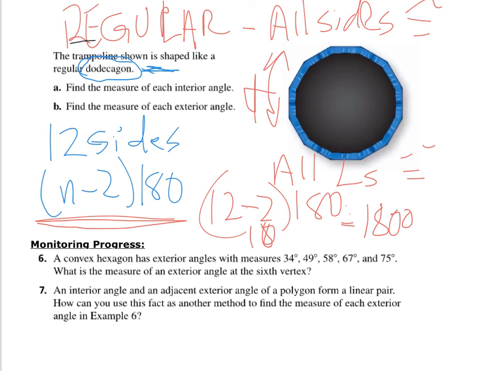That's right, because this object, they said, was a regular polygon, which means all the angles are congruent. So don't all my angles have to add up to that total, right? So how can I figure out if my 12 angles, that's right, take the total degree measure of all the angles and divide it by 12.